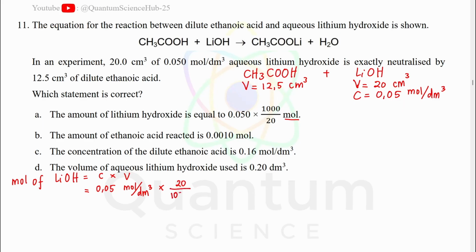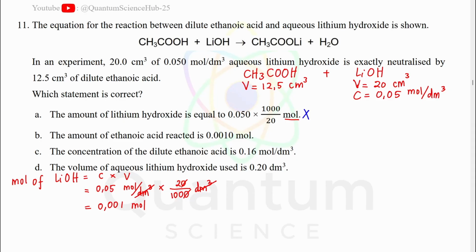You divide by 1000, and we can cross out the decimeter cube. The result equals 0.001 mole. So you can see here, the calculation is 20 out of 1000, not 1000 out of 20.